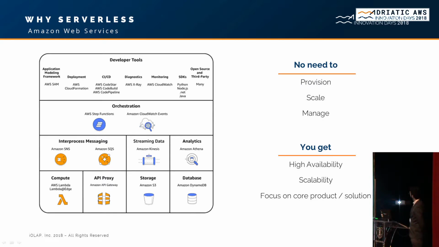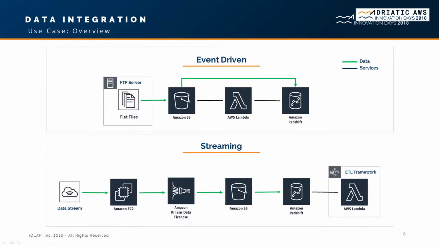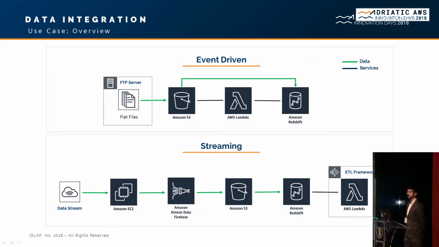We will start with an example, a use case, where we have actually two different processes. They work in parallel, and one is event-driven and one is about streaming data. The first one is regarding a weather forecast company that creates weather reports on a daily basis and actually multiple times in one day.